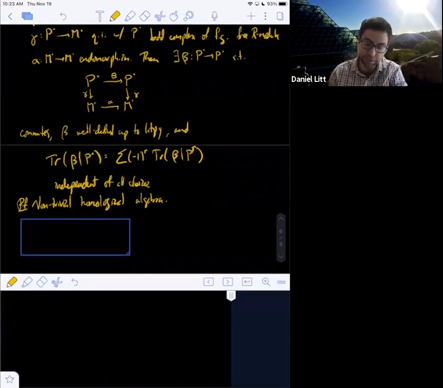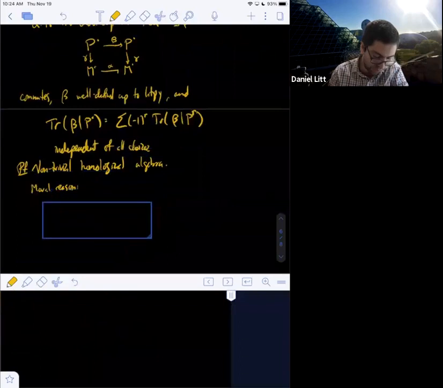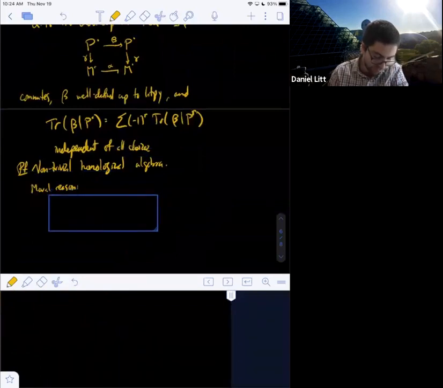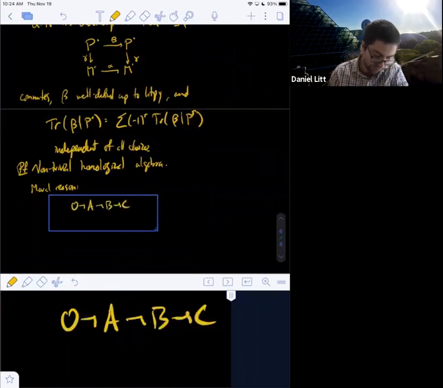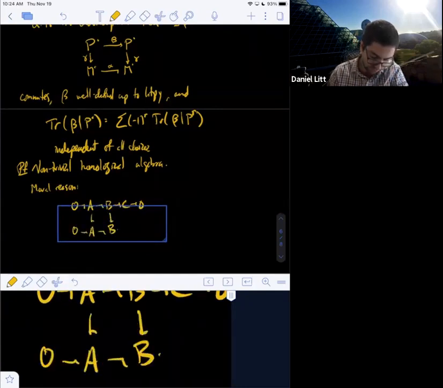The moral reason it's true is this: suppose you have a short exact sequence, 0 to A to B to C to 0, and an endomorphism of it, so a commutative diagram like this.